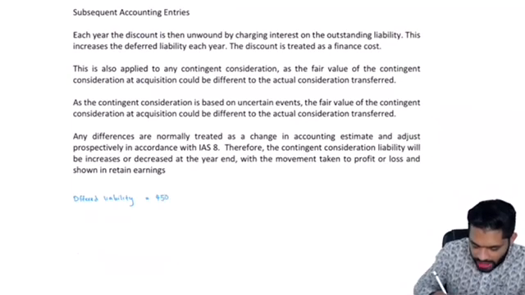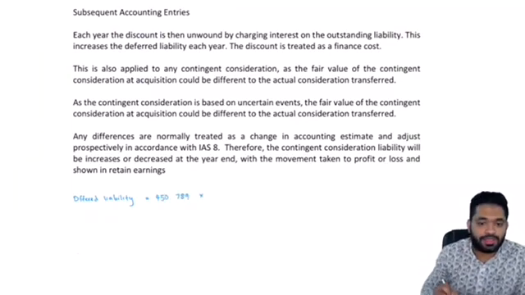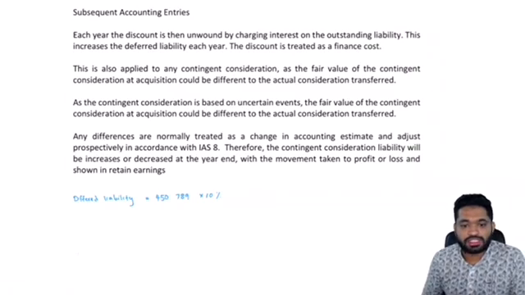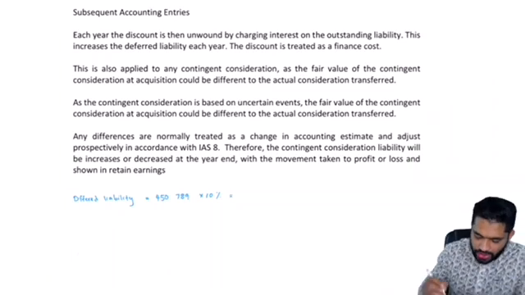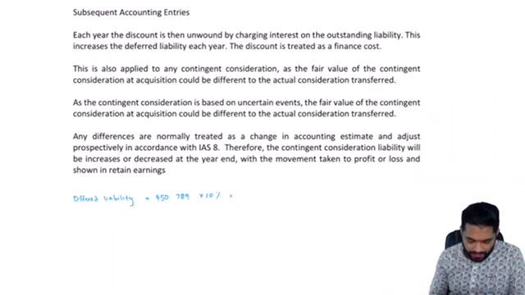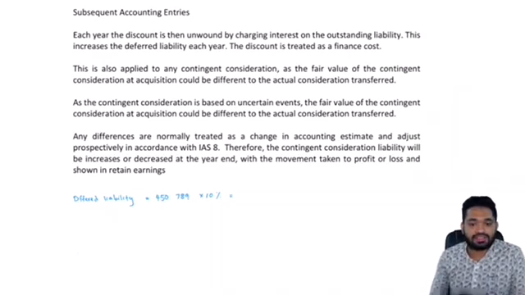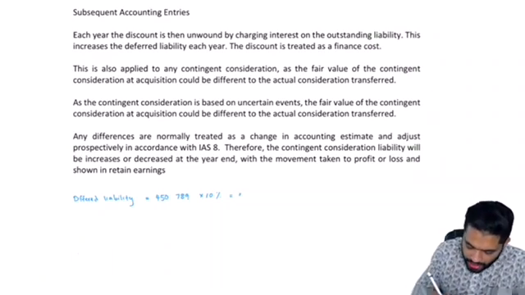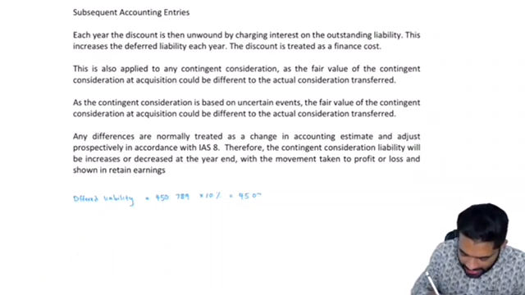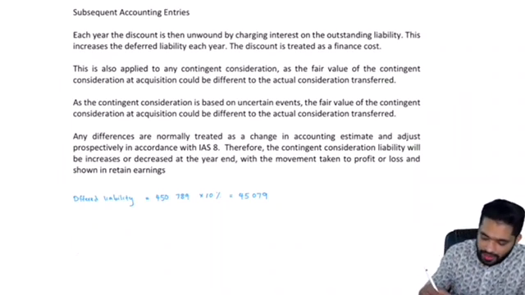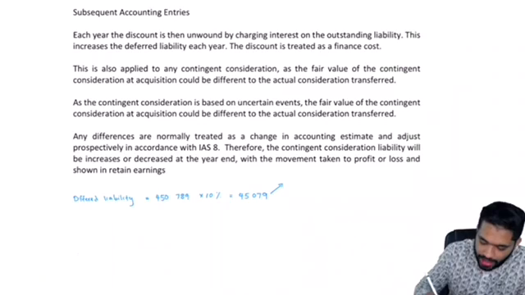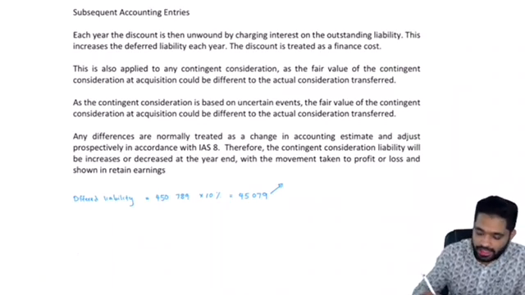On that, you will be charging interest at the cost of capital. So the cost of capital was 10, so we'll be charging interest at 10%. So 450,789 into 10%. The interest we are looking at is 45,079. So 45,079 is going to be the interest. So this 45,079, you'll be adding it to your deferred liability.